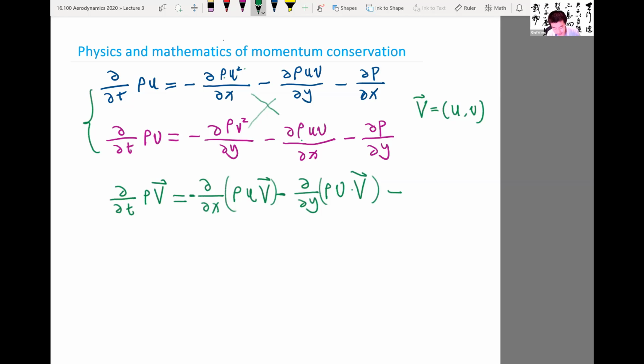In the second, we have a derivative with respect to y. And that means we have this gradient of pressure inside this equation. That's where the negative of the gradient of pressure comes from, right? So through momentum conservation, we derive that the force density, the amount of force per unit volume, is the negative of the gradient of pressure. So this is the vector form of the momentum conservation equation.